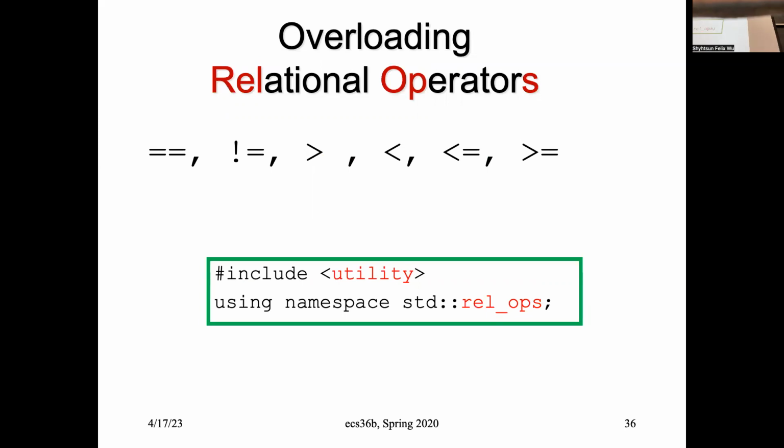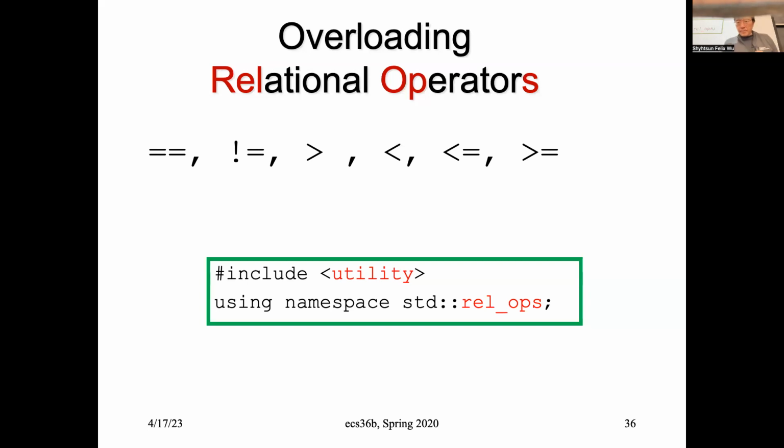In order to use this, you have to include utility, the file I just showed you where to find. But as a programmer, you don't need to worry about the whole path. The compiler should already figure out where on your computer to look for this kind of system include file. So you just need to say include utility, and that will be good enough for you to use these 6 operators.